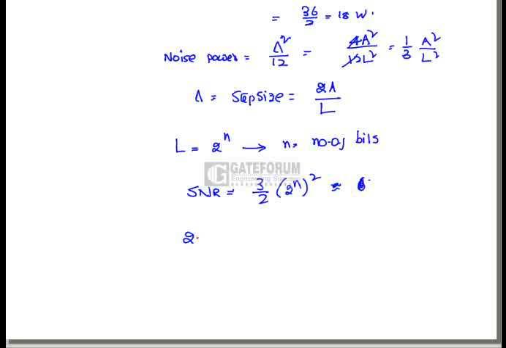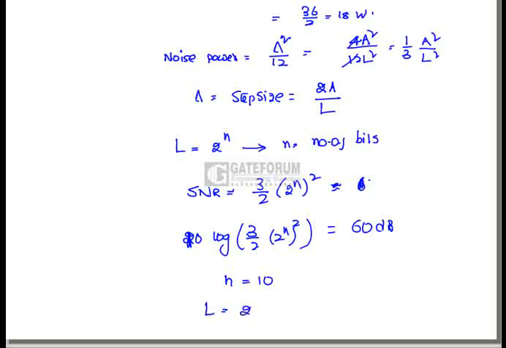So if we apply log to the above equation and equate it to 60 dB, we will get the number of bits equals 10. Means quantization levels equals 2 power n, that means 2 power 10. Here the option is D.